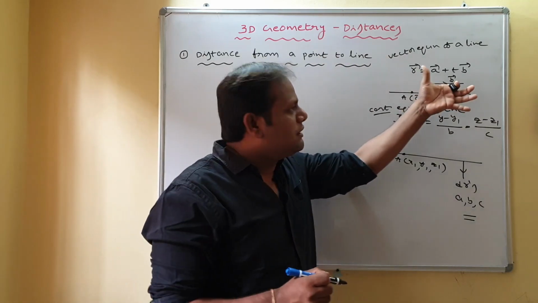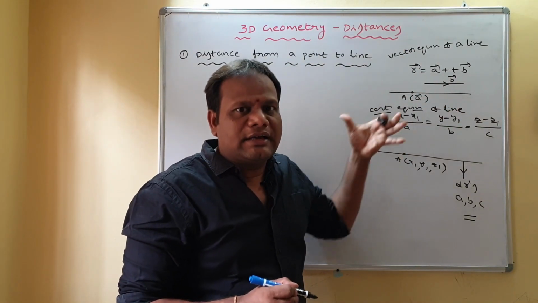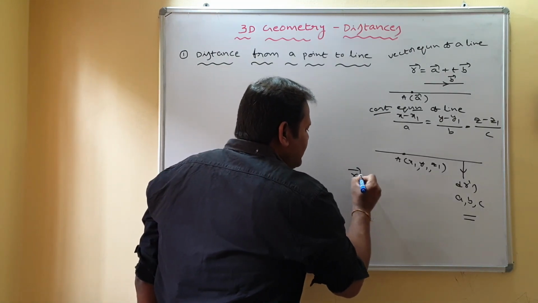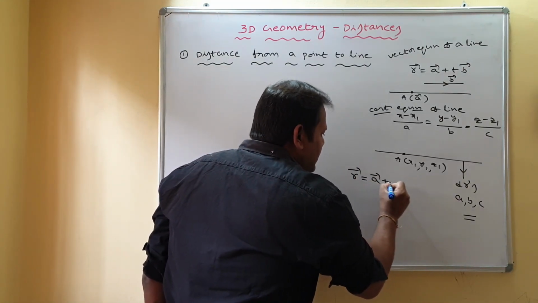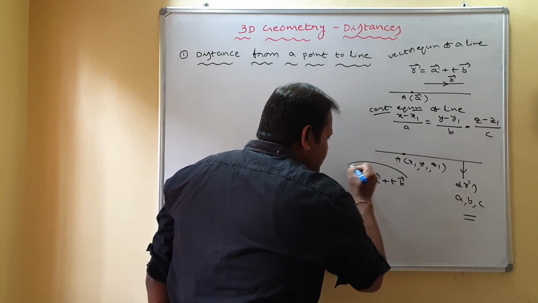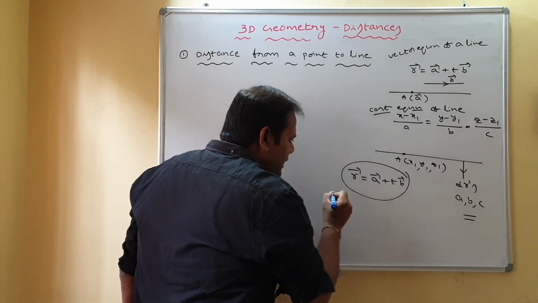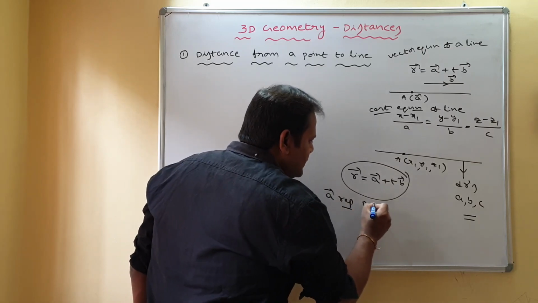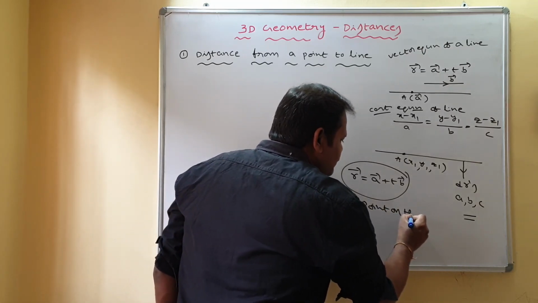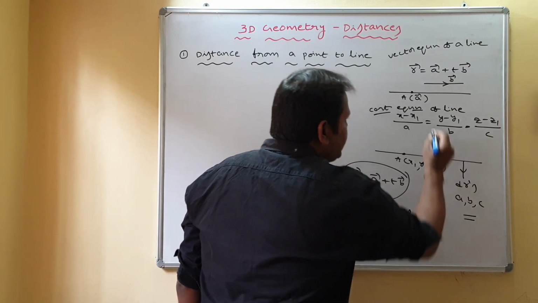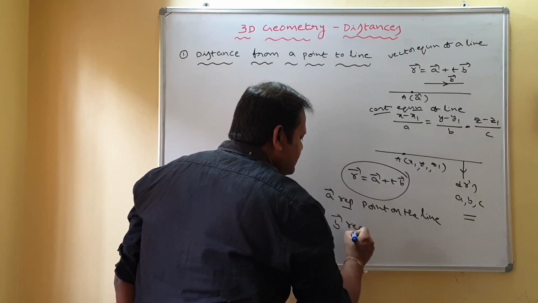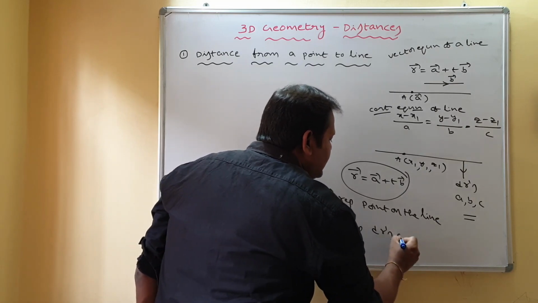The relation between the vector equation and the Cartesian equation of a line is this. Suppose you take the vector equation r bar equal to a bar plus t b bar. Here a bar represents a point on the line and b bar represents the direction ratios of the line.